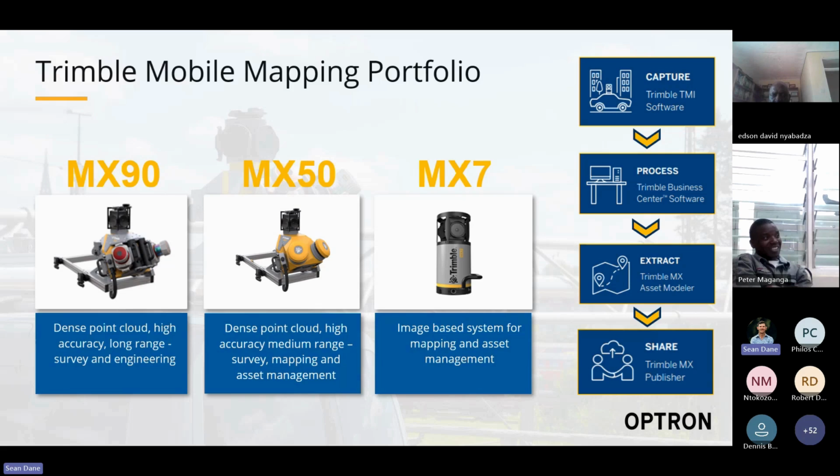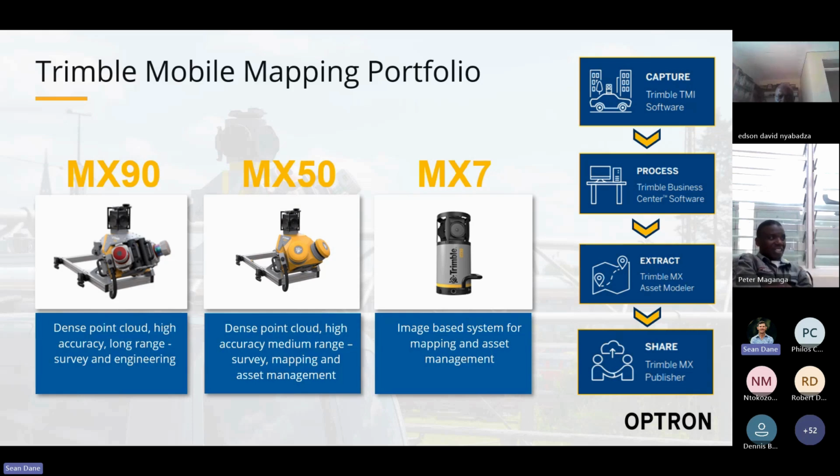All right, so in our portfolio today, we have a couple of systems. Starting from the left-hand side, the MX90, which is recently released. It's a high-end flagship solution, dense point clouds, high accuracy, long range for survey and engineering primarily. In the middle of the road, we've got the MX50, which is what you saw in the video. Dense point clouds, absolutely. High accuracy, let's call it a medium range.